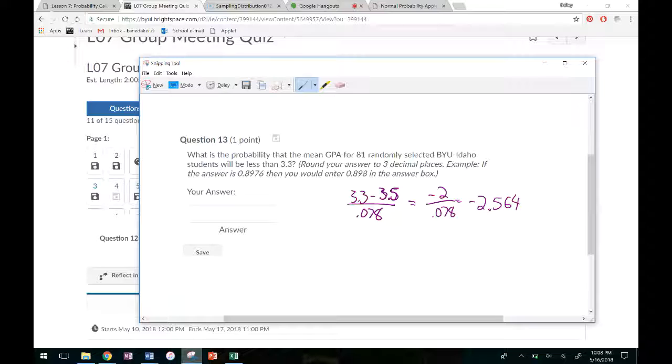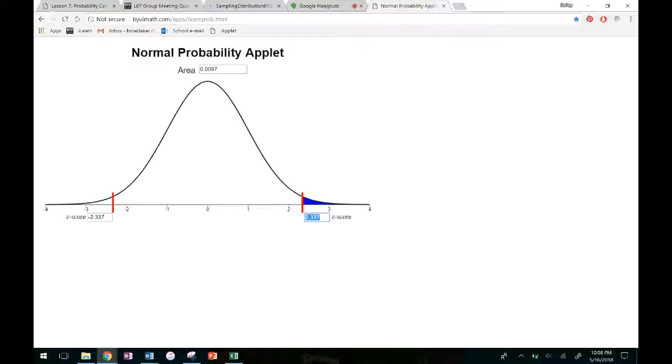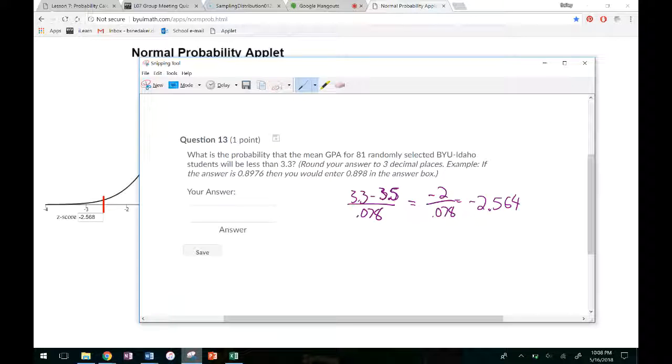So I think we need to take that z-score and put it into the applet, and then just use the left section. Yeah, for that answer. Is 0.052, 0.0052. So 0.005.